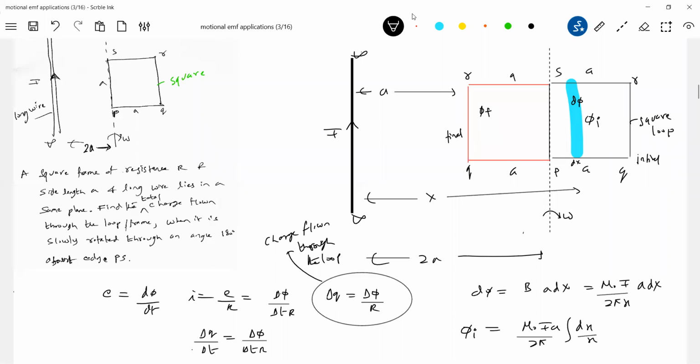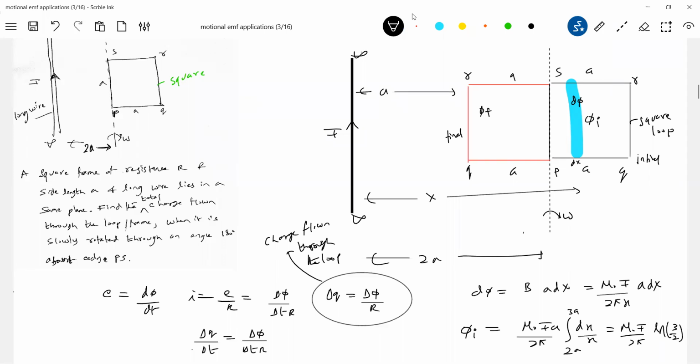So what should be the limit now? 2a to 3a. In the initial position, the flux linking the loop phi I should be calculated from where? From 2a to 3a. So this should be equal to how much? The initial flux is mu naught I a by 2 pi, log of 3 by 2.